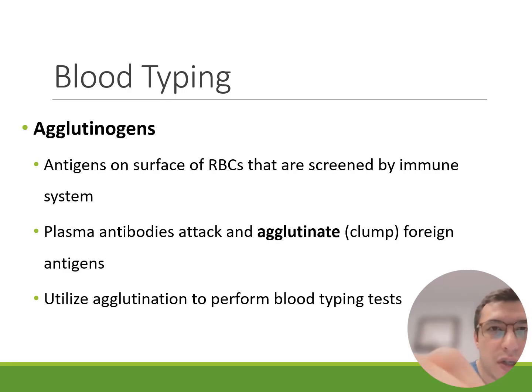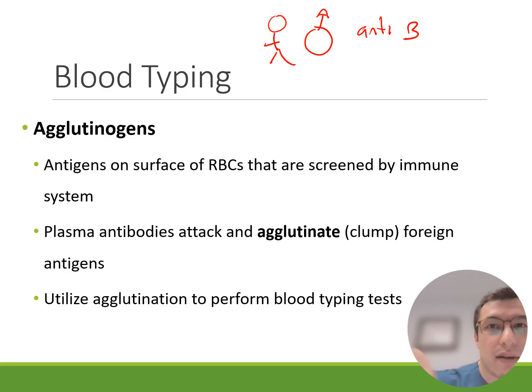Now I want you to picture a person with blood type A. Remember that this person will produce anti-B, because it is trying to kill or destroy anything that is not A. And this person receives a transfusion of blood type B. What do you think is going to happen?